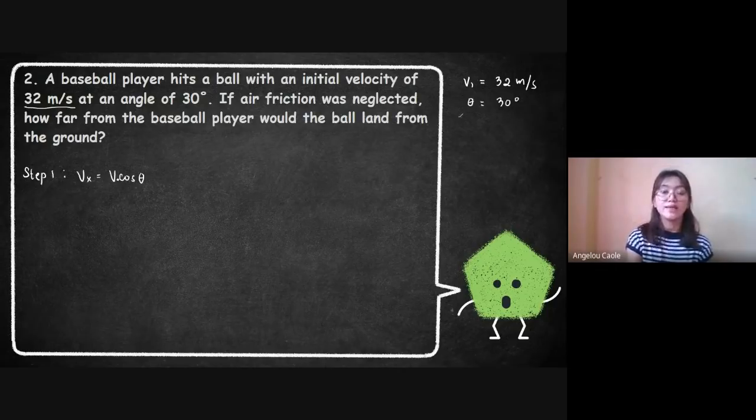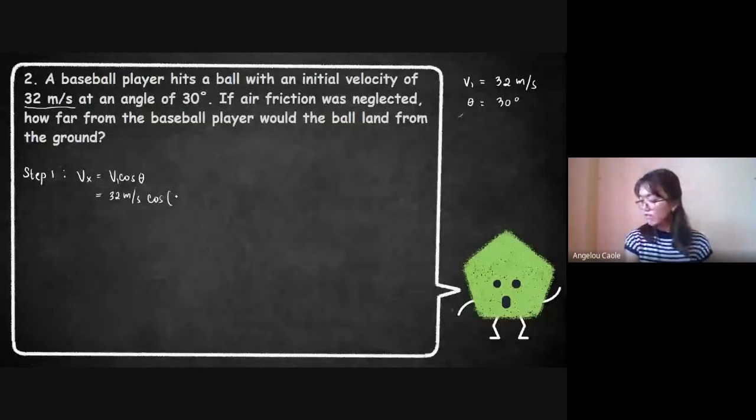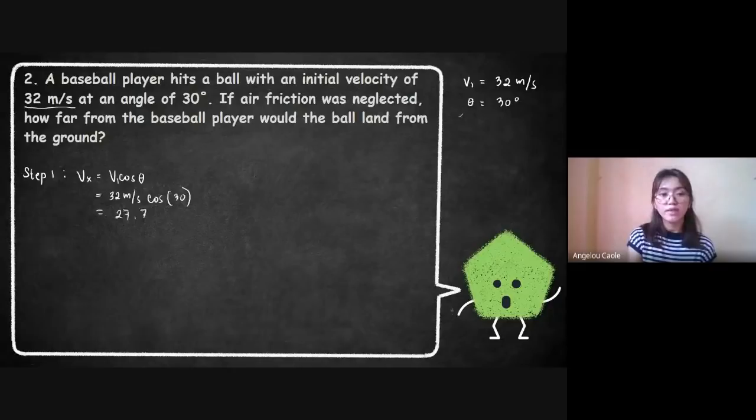Okay, so our Vi is 32 meters per second cosine 30. Okay, so we have 27.71 meters per second. So that is the velocity under x component.